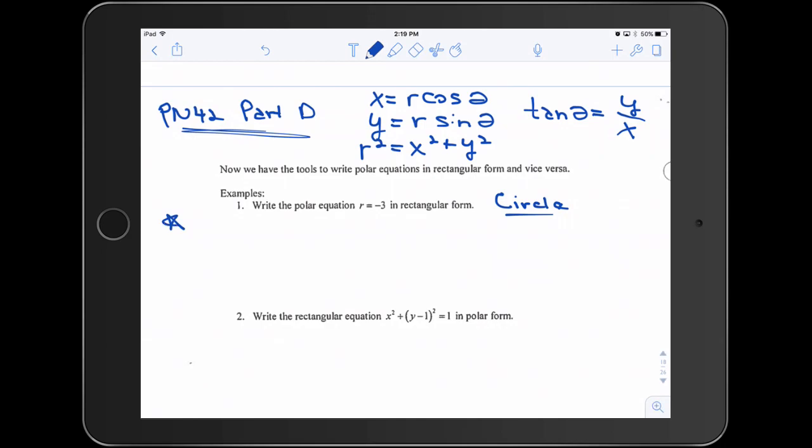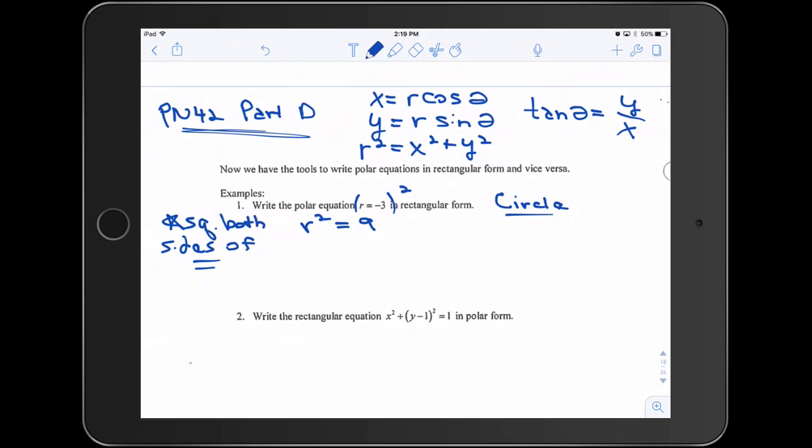The trick here is to square both sides of the equation. If I square both sides, we end up with r squared equals 9. And now here's where the magic happens.